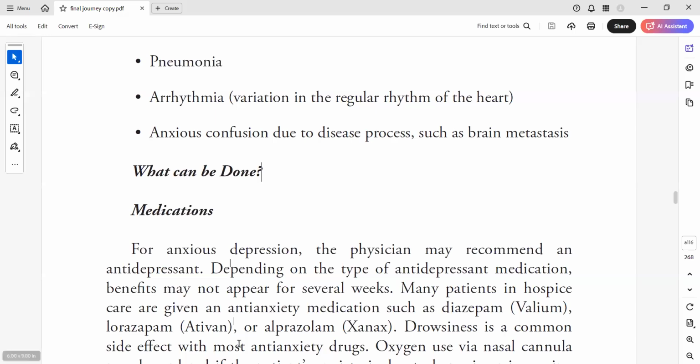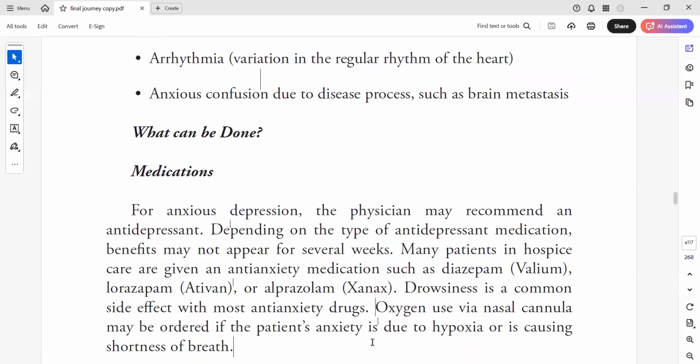Drowsiness is a common side effect with most anti-anxiety drugs. Oxygen use via nasal cannula may be ordered if the patient's anxiety is due to hypoxia or is causing shortness of breath.